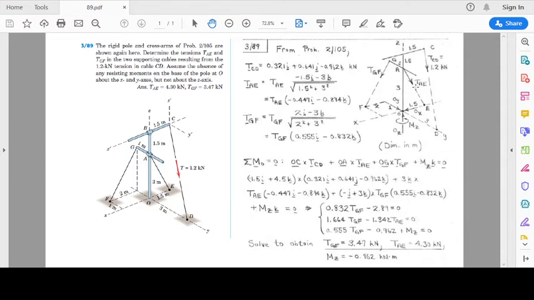Now we can express these two tensile forces as vector quantities. We can assume that the magnitudes are TAE and TGF, so we need to just multiply each magnitude with the unit vector in the direction of the force.